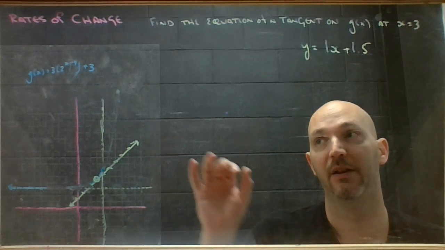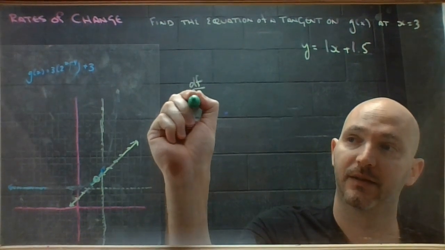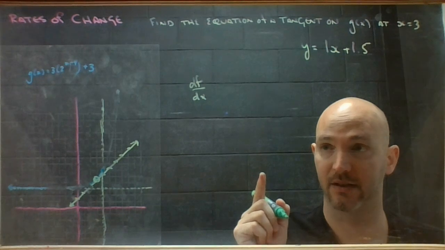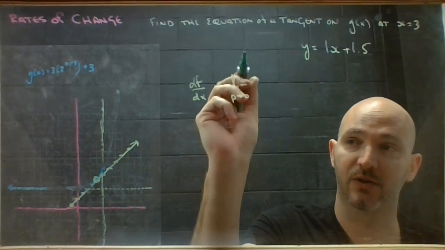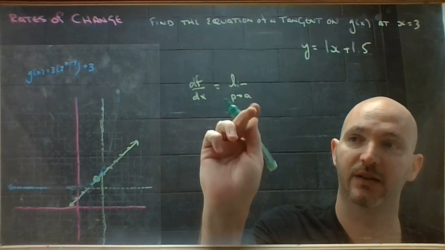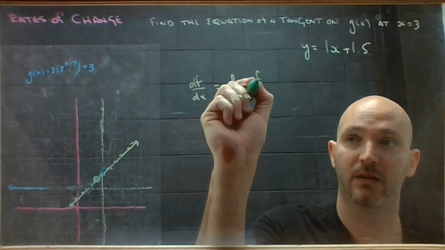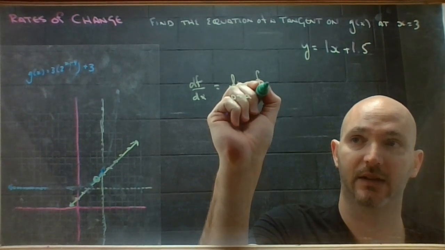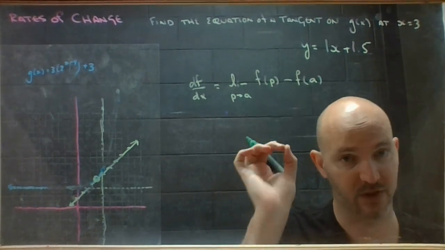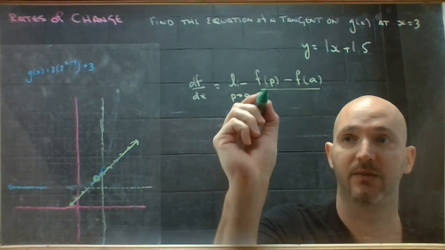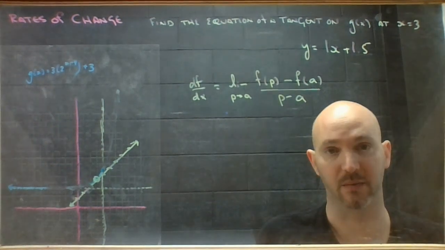So for now, you're using instantaneous rate of change, which was the df by dx, the delta f over delta x, the limit of some dummy variable approaching wherever you're trying to find your slope, the function evaluated at the dummy variable, subtract the function evaluated at the particular place you chose, divided by the distance between the dummy variable and the particular place you're after.